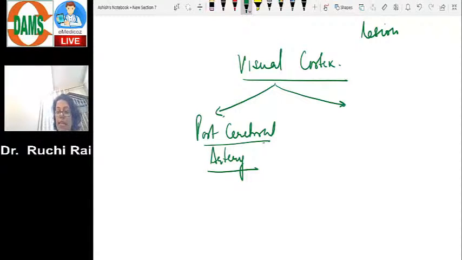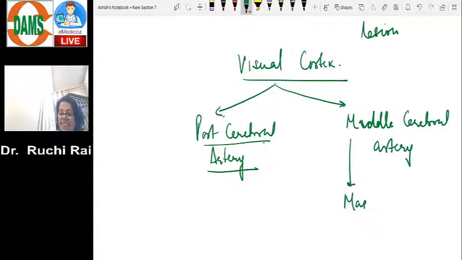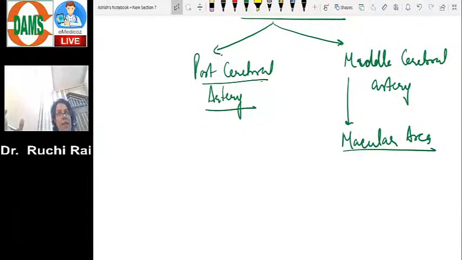And second is middle cerebral artery. Now middle cerebral artery, M for M, supplies the macular area. M for M, yaad rahega? Macular area, which one is that? Almost at the tip of the calcarine cortex or visual cortex. That tip is the macular area, so it is mainly supplied by middle cerebral artery.